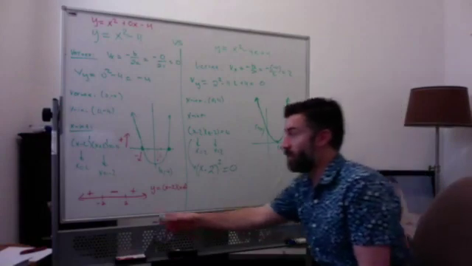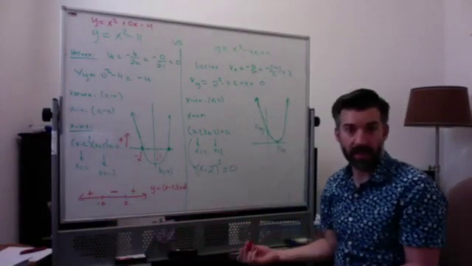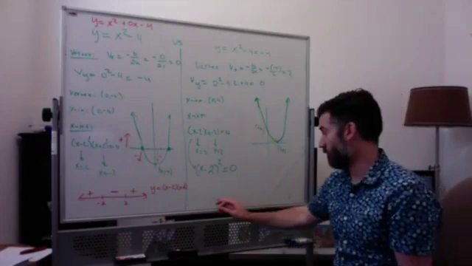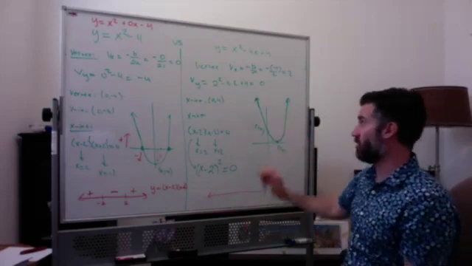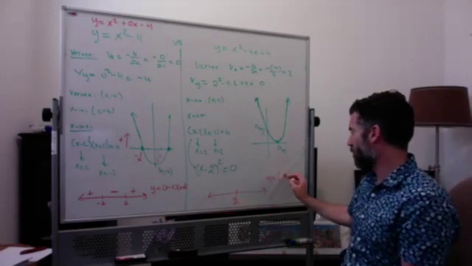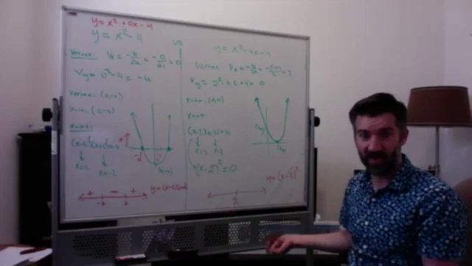So when you change signs from being positive to negative, you cross the x-axis. When you don't change signs, that's when you bounce off. So for this one, the sign chart, the only place where this is equal to 0 is at +2. And we can see that, oh yeah, x minus 2 squared, whatever I plug in that isn't 2 is going to make it positive.